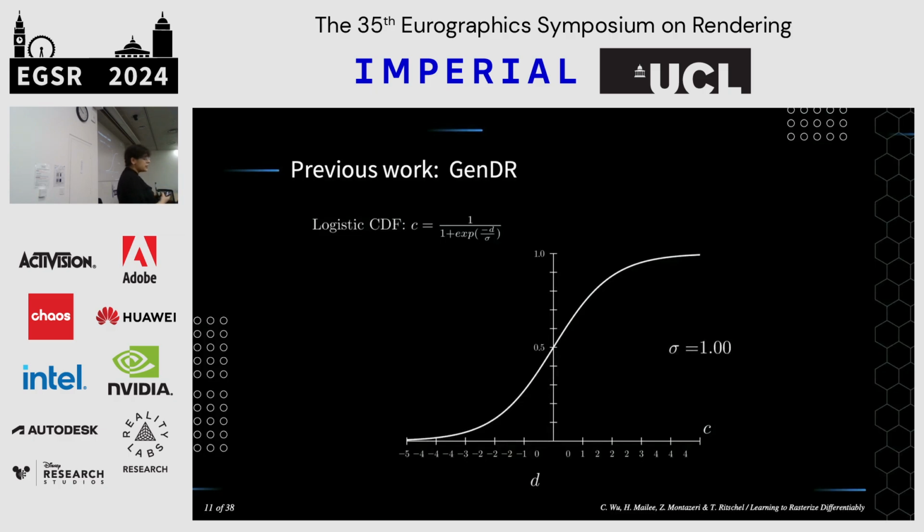So when sigma is closer to 0, the CDF function will be close to a step function, and when the value of sigma goes to infinity, we will have a plateau function. The problem with this is that the sigma variable has to be grid searched, so we have to find it manually.